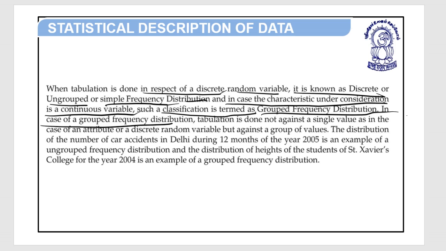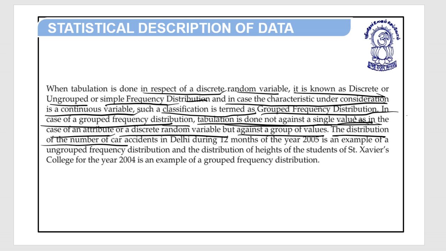In case of a grouped frequency distribution, tabulation is done not against a single value as in the case of an attribute or a discrete random variable, but against a group of values.